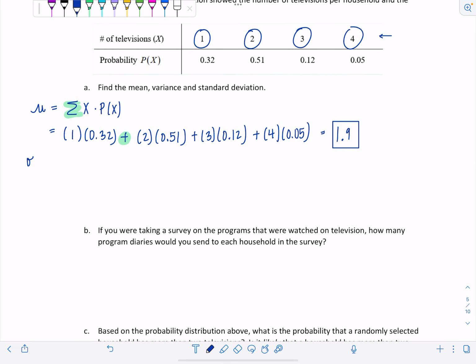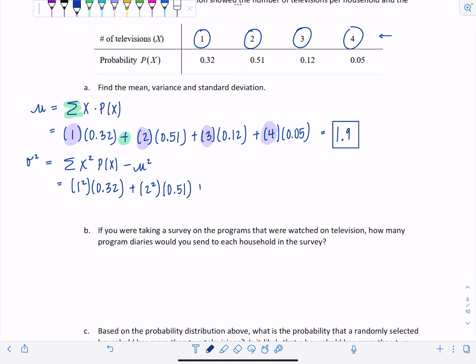So variance, sigma squared, that's going to be the sum of x squared times p of x minus mu squared. So now what you're going to do is take each of the values that the variable takes on, and we're going to square them this time. So I'm going to have 1 squared, don't touch the probability, that stays 0.32, plus 2 squared, don't touch that probability, 0.51.